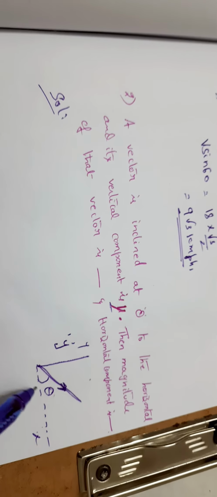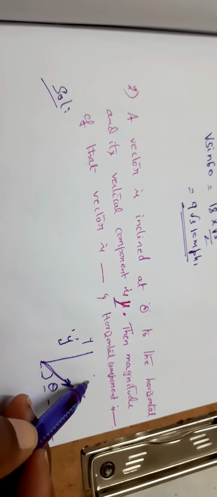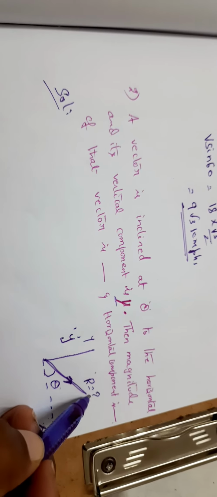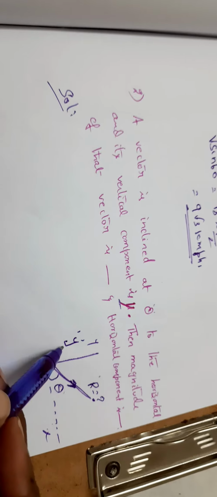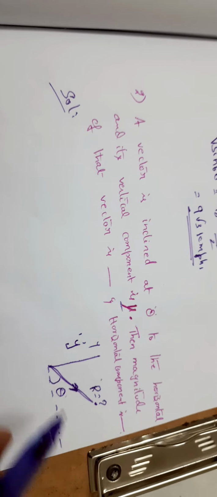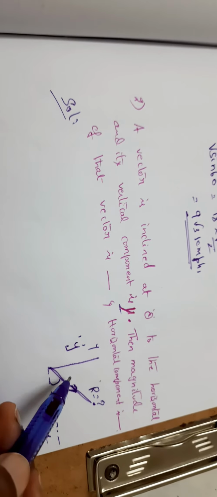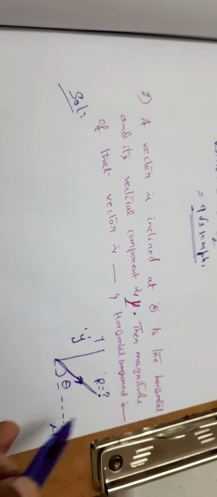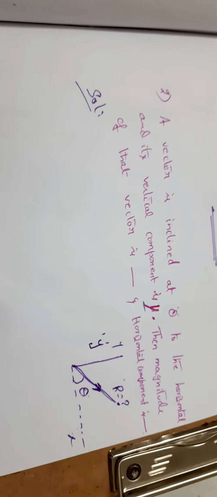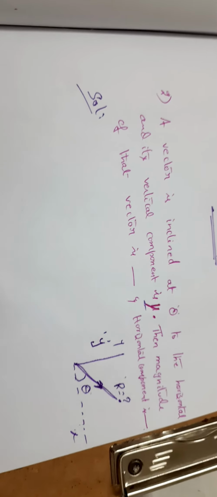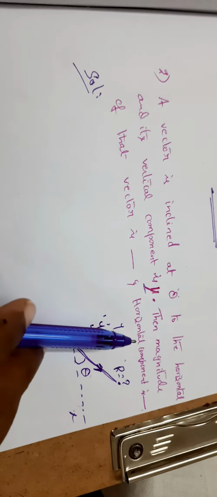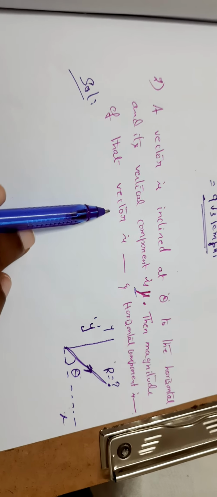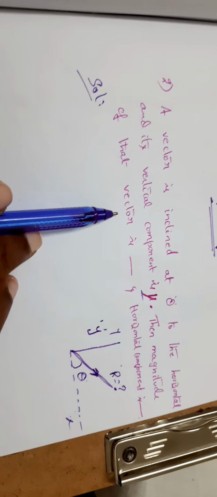Then what is the magnitude of that vector? Let us suppose that r is the resultant of these two components, or the resolving vector r. So what is the magnitude of r, as well as what is the horizontal component? If only the horizontal component is asked, how to do the problem is one case, and if r is asked, how to do it.